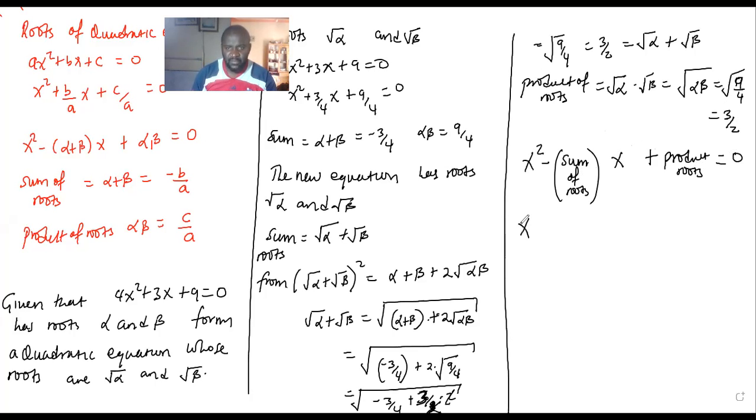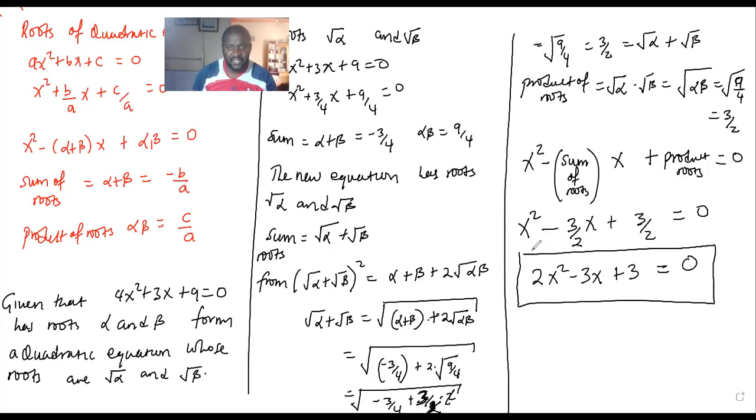Now, our roots are root of alpha and root of beta; what sum did we get? We got a sum of 3 over 2. Then we have a product of also 3 over 2. Hence, the equation is 2x squared minus 3x plus 3 is equal to 0.